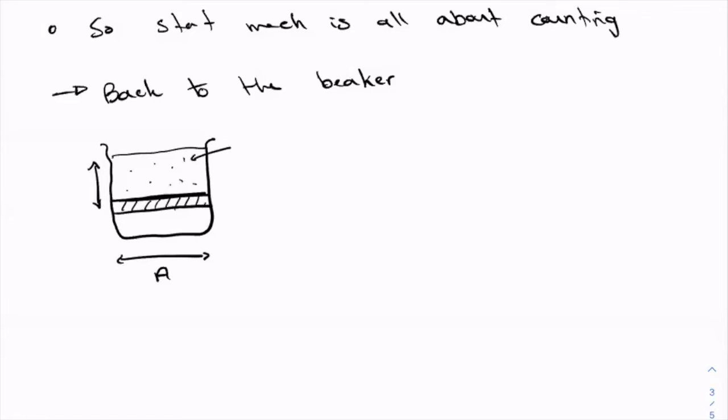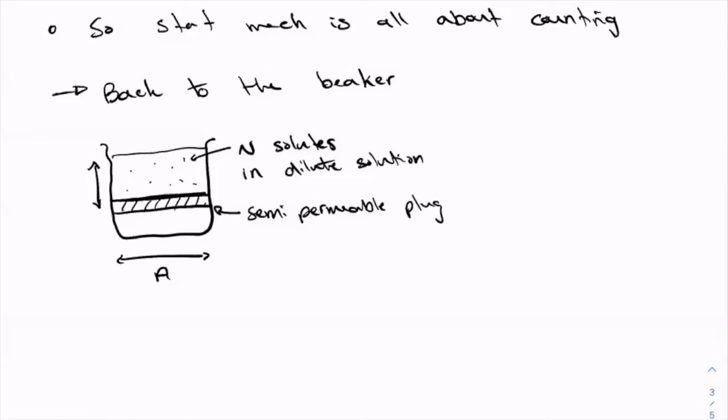So in the top of this beaker, I have N solutes in a dilute solution. I have a semi-permeable plug, such that water can pass through the plug, but the solutes cannot.